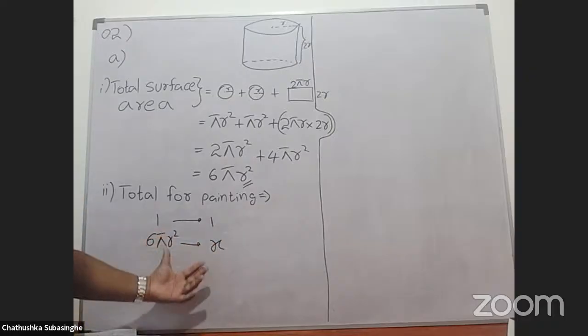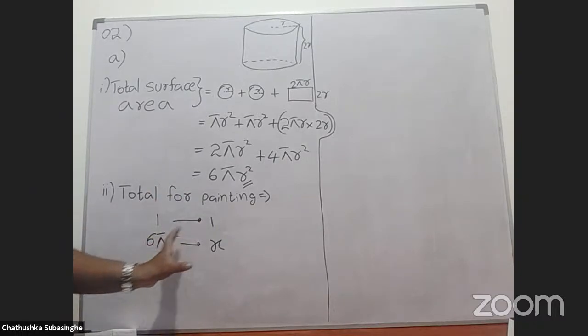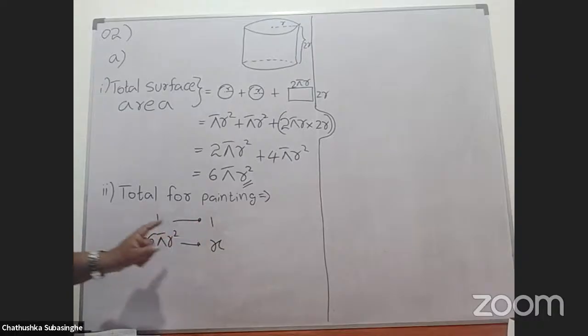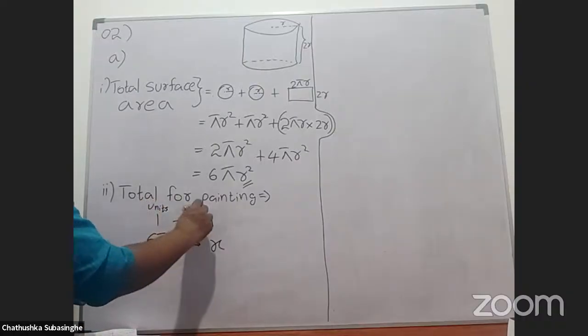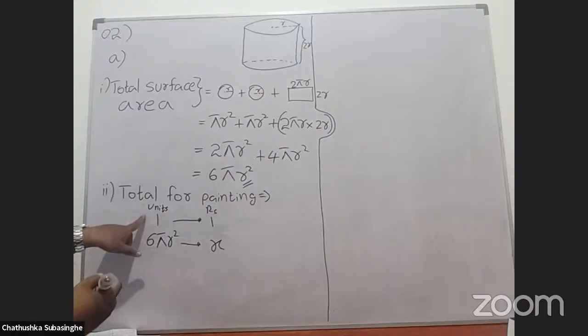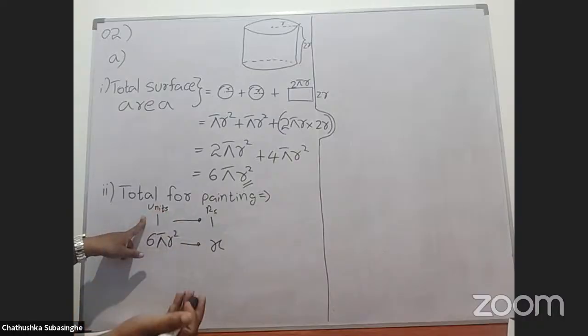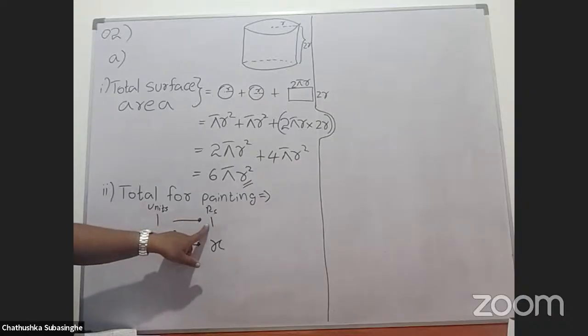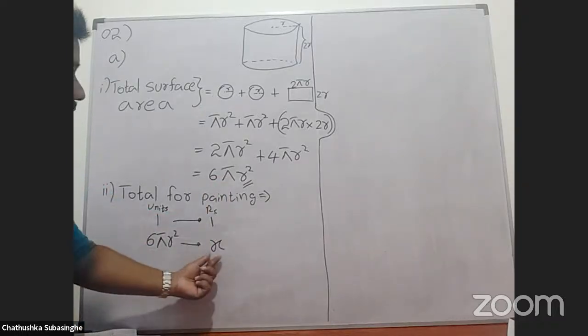I'm just doing this step to give you the best understanding, otherwise you don't have to do it like this. We don't have any measurements, these are units. One unit could mean 1 square centimeter, or 1 square meter, or 1 square millimeter, we don't know. To do 1 unit, it takes 1 rupee. So we have altogether 6 pi r squared units. Then how much will it take?